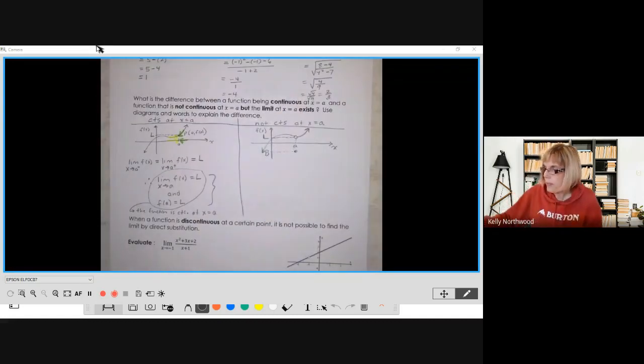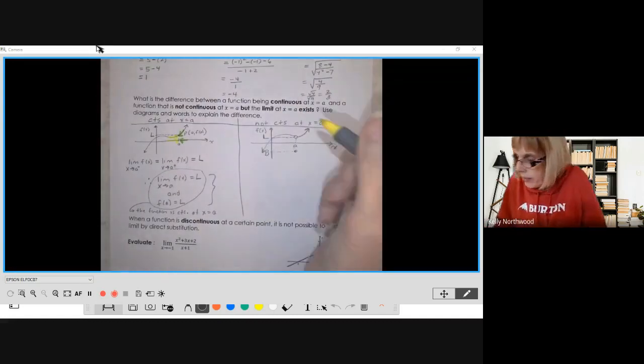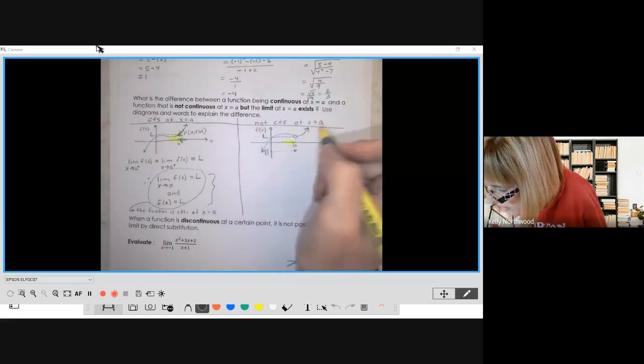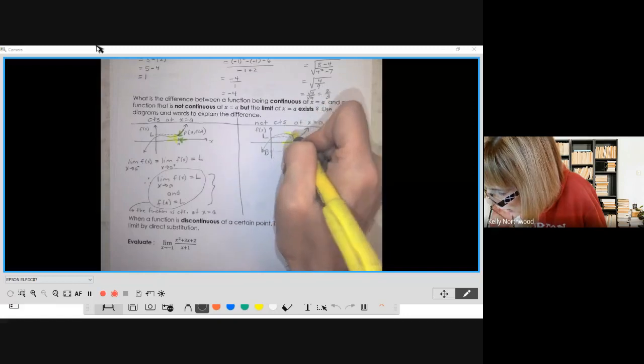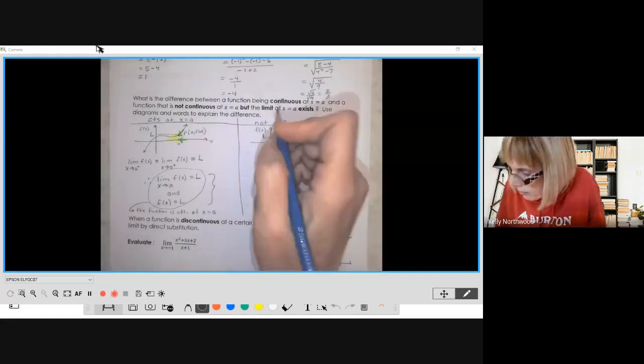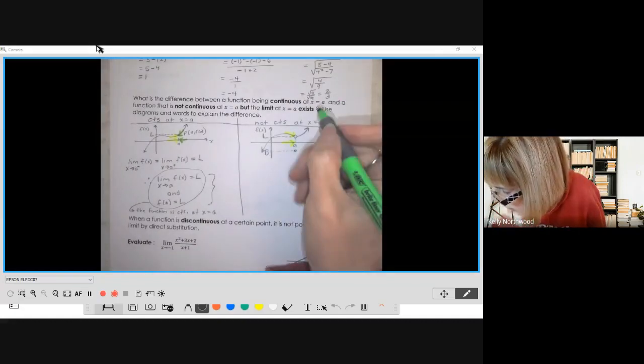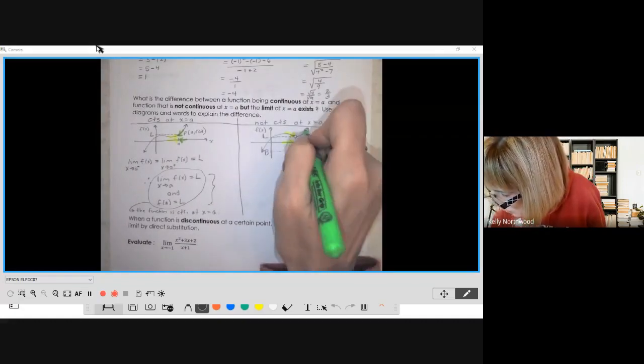So here's our setup. We can still see that the limit as x approaches a from the left is going to be L again, and it's going to equal the limit as x approaches a from the right.